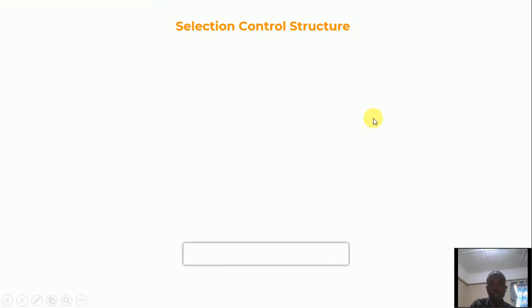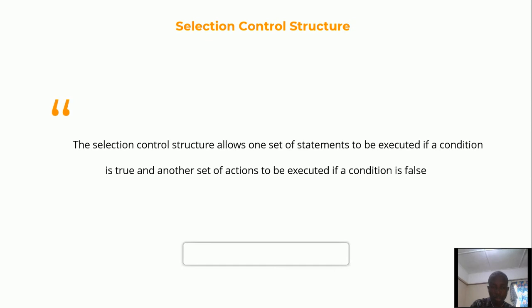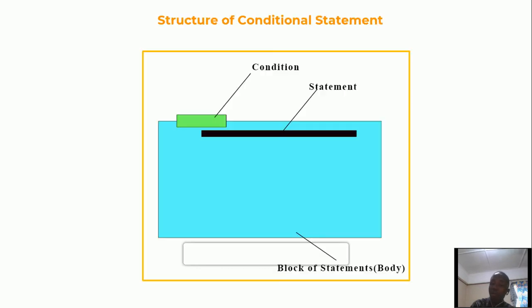The selection control structure helps us to know which instruction to execute given a particular condition. A selection control structure allows one of a set of statements to be executed if a condition is true, and another set of statements if a condition is false.